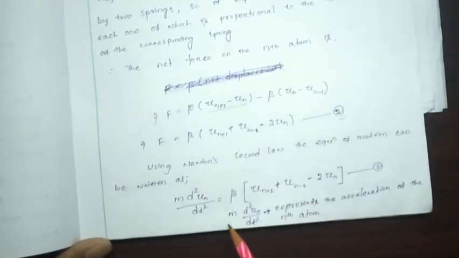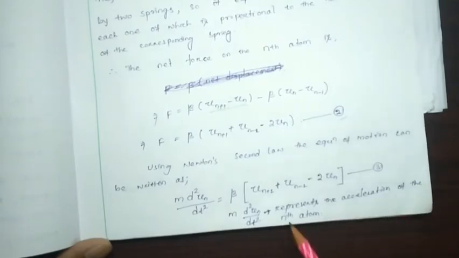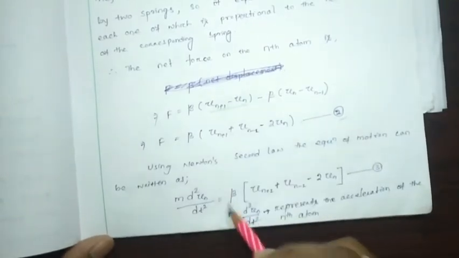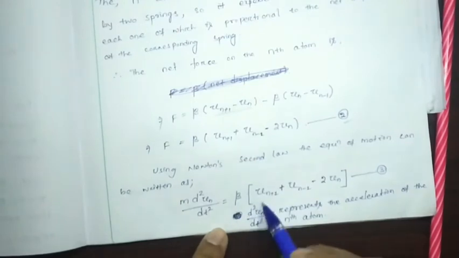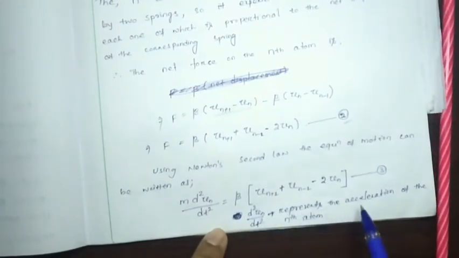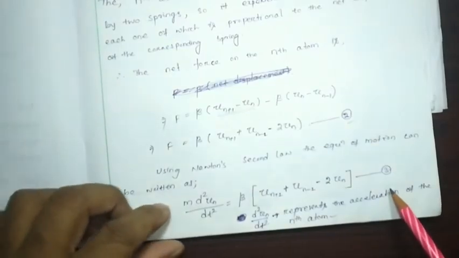So this represents the acceleration of the nth atom; only d square un by dt square, not m. I wrote it mistakenly, you have to correct it. Okay, you correct it. This represents only d square un by dt square, the acceleration of the nth atom. Let this be equation number 3.